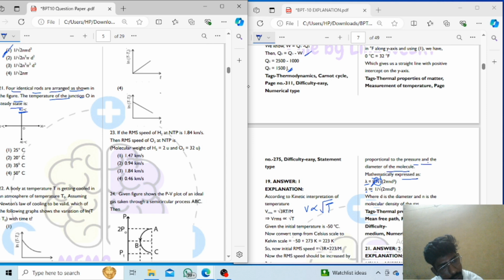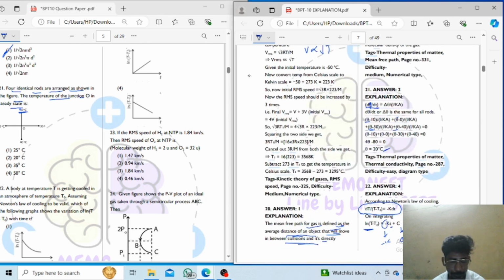So calculating the junction temperature, as these are all connected, the heat supplied will be equal, dQ by dt, not d theta. dQ by dt is given by the formula del theta divided by 1 by KA. The KA portion in all the cases will be equal, so we can say the sum of del theta in all the cases will be equal to 0.